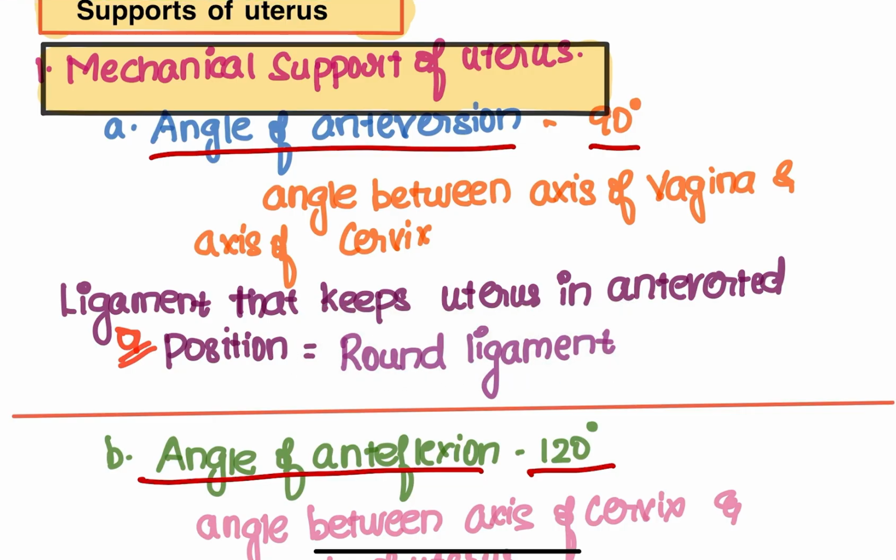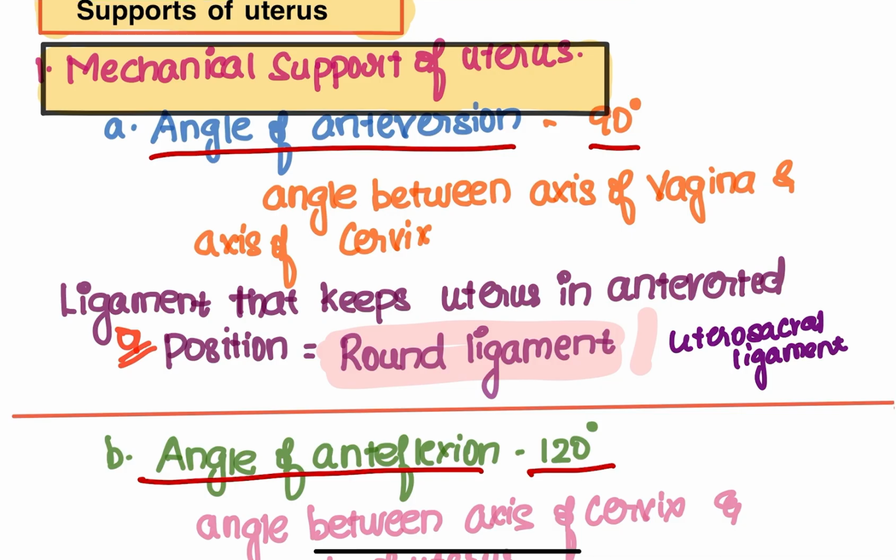We all know that the normal position of the uterus is anteverted and anteflexed. The one structure which holds the uterus in the anteverted position is mainly the round ligament. Clear? Yes. The round ligament, and even the uterosacral ligament, also provide some sort of support.